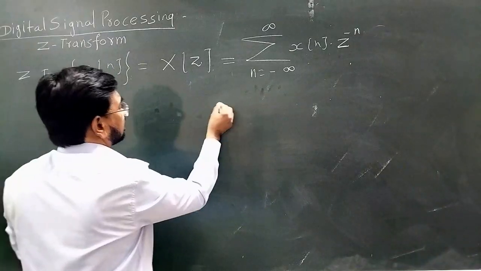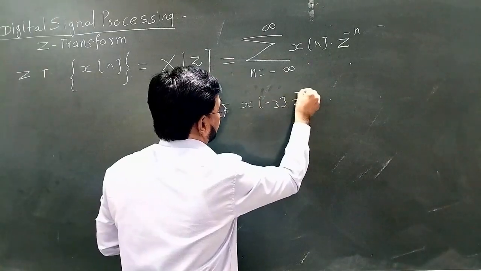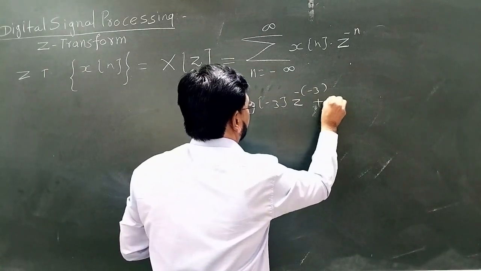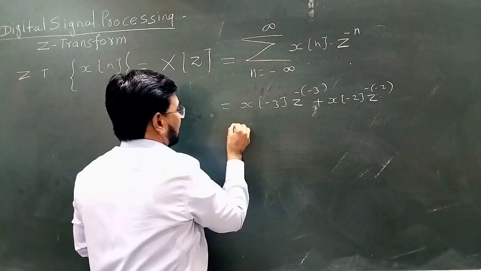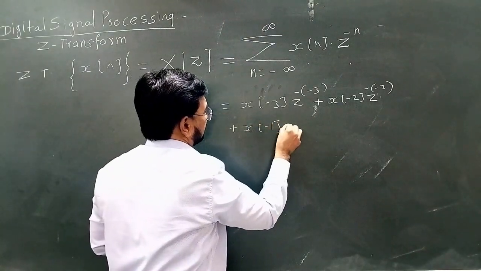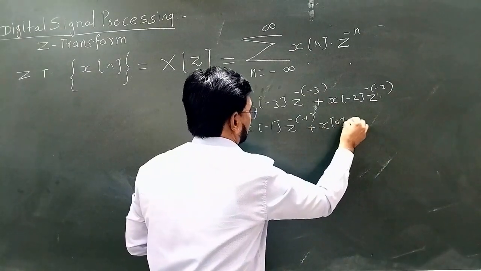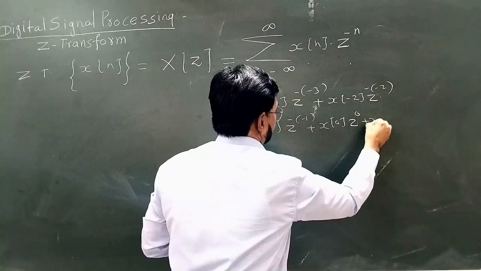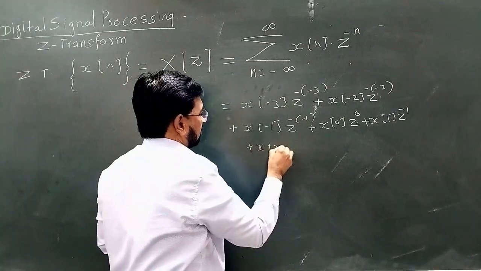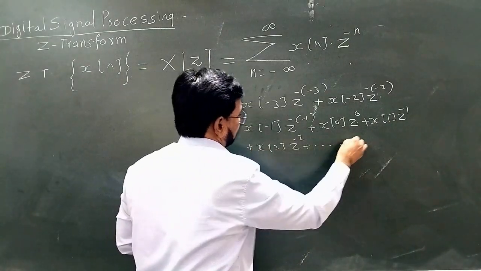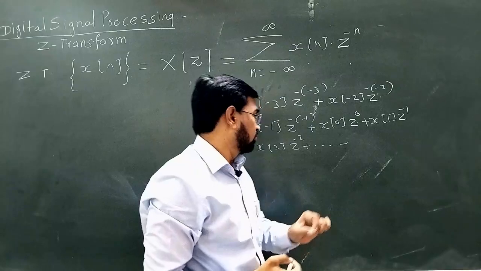For example, we can expand this summation sign: x of minus 3 z raised to minus of minus 3, plus x of minus 2 z raised to minus of minus 2, plus x of minus 1 z raised to minus of minus 1, plus x of 0 z raised to 0, plus x of 1 z raised to minus 1, x of 2 z raised to minus 2 and so on. Here we have taken n from minus 3 to plus 2.